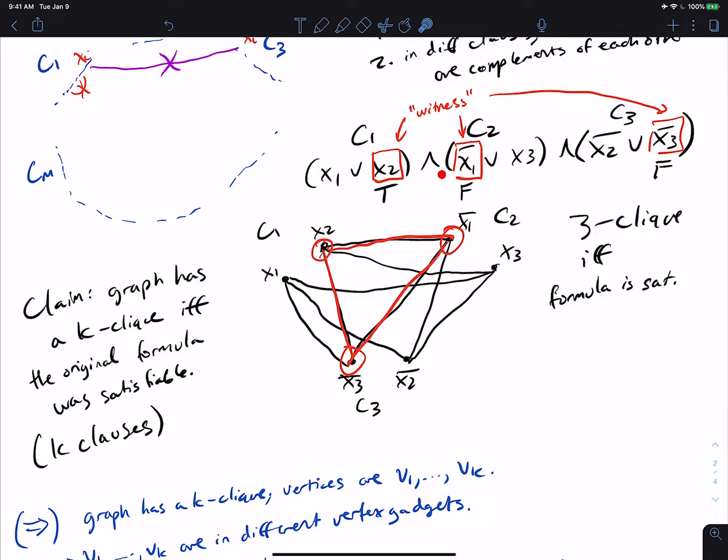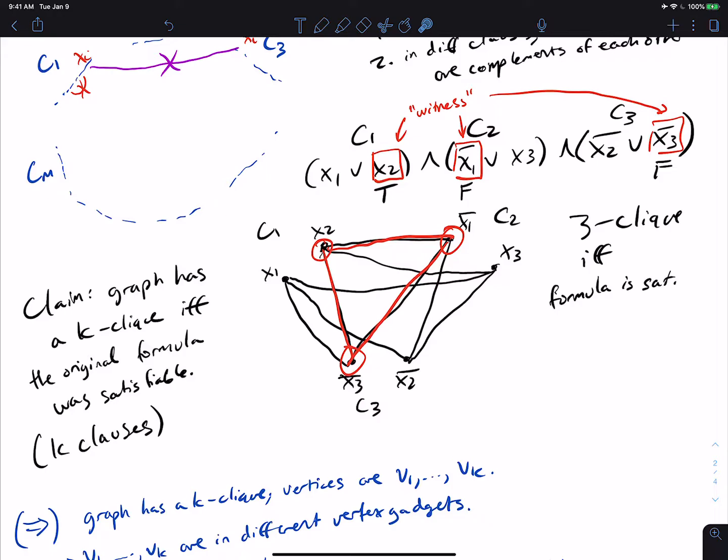You pick any variable that you want in the clause. If you pick, say, this x2 right here and this x1 bar, I know for sure they can't be complements of each other, because if they were, it would be true in one and false in the other one. Even after the complement, it would be false.